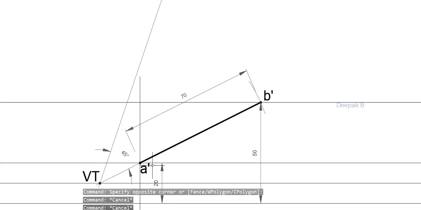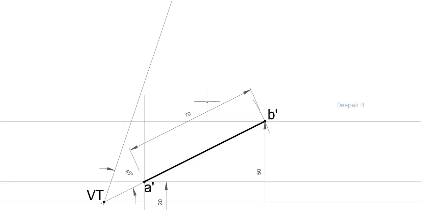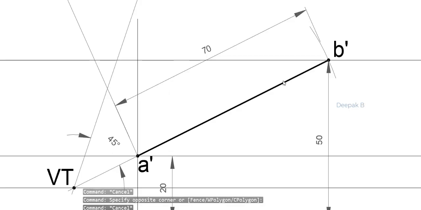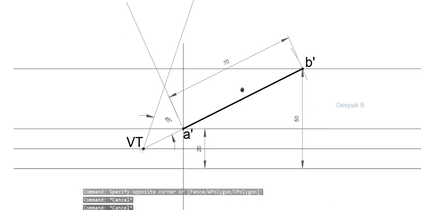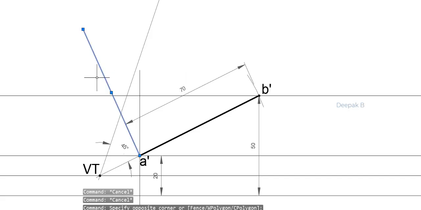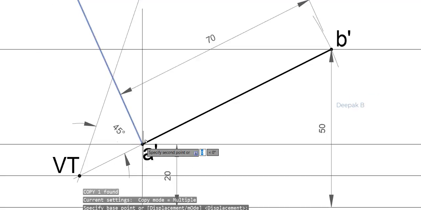All right, then the next step would be to actually do what we do in the trapezium method. So we have to draw a perpendicular line to A dash B dash from the point A dash and one from the point B dash, and let's see where it intersects with the new line that I have drawn here. Okay, so we have drawn a perpendicular to A dash B dash at A dash, and then we shall also draw one at B dash.